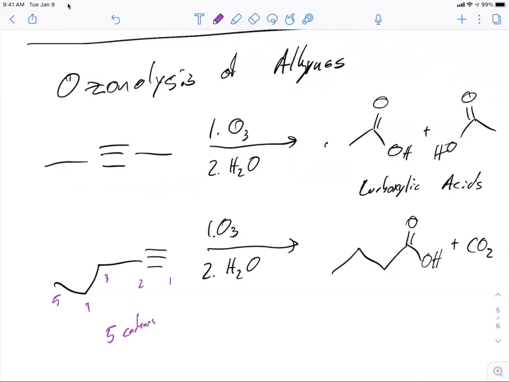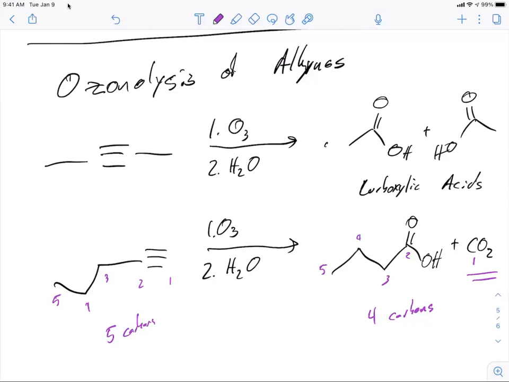But in here we have 2, 3, 4, 5. We've lost our carbon, so there's only 4 carbons here. We've lost the other carbon as CO2. So this is a method, for terminal alkynes, and you can even think internal alkynes, to change our carbon structure. So we're cleaving our carbon structure here.